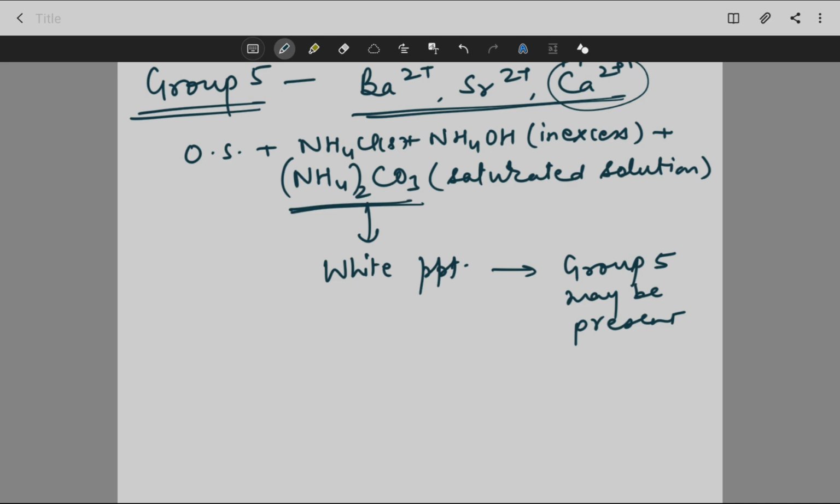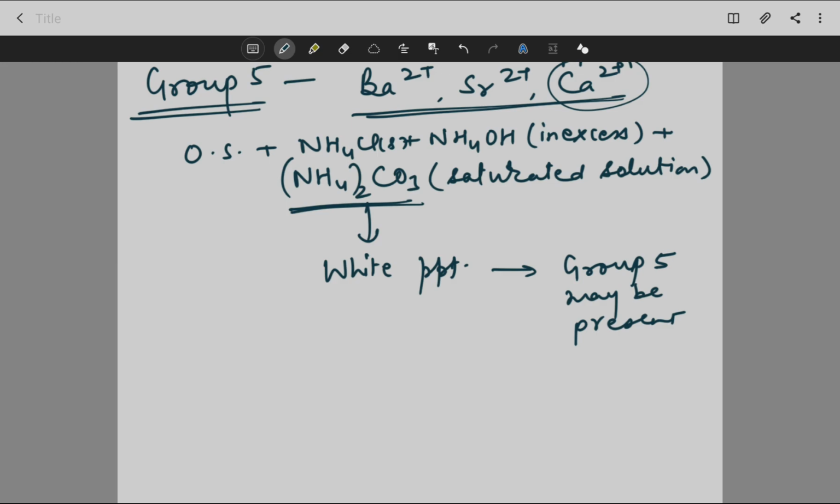So how are ammonium chloride and ammonium hydroxide helping here? Ammonium chloride is a strong electrolyte and ammonium hydroxide is a weak electrolyte. Because of the common ion, the dissociation of ammonium hydroxide is suppressed, and the extent of ionization of ammonium carbonate is slightly lowered.